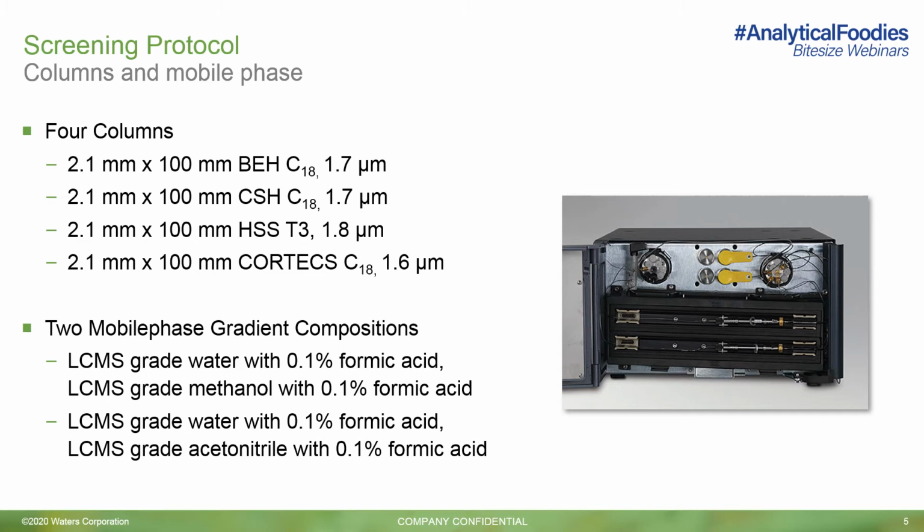They include an ethylene bridged hybrid BEH C18, a charged surface hybrid CSH C18, and finally a high strength silica HSS T3 column. The HSS T3 column is a C18 stationary phase technology which has proprietary end capping and optimized pore sizes and ligand densities to achieve optimum characteristics well suited for polar compound retention under reversed phase conditions.